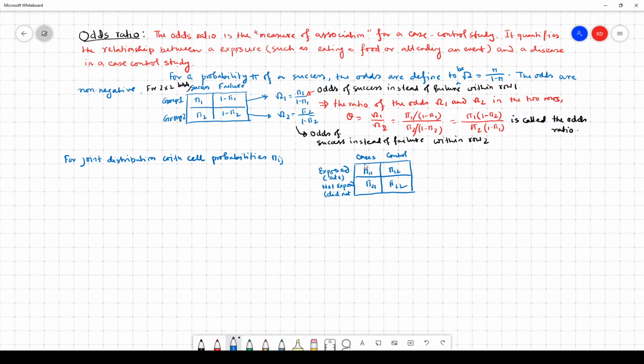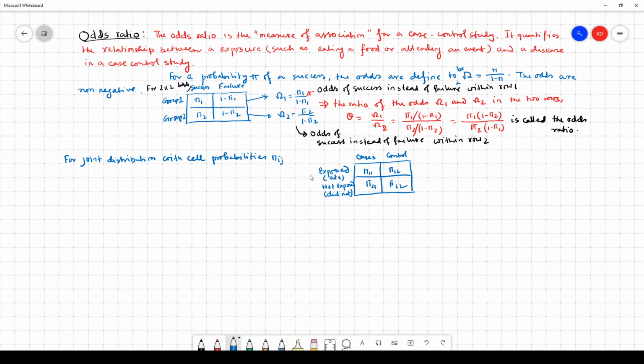Cases means that this case is one group and control is another group. Among this case group, pi 1 1 is the probability corresponding to those who eat ice cream, and pi 2 1 is for those who do not eat ice cream.